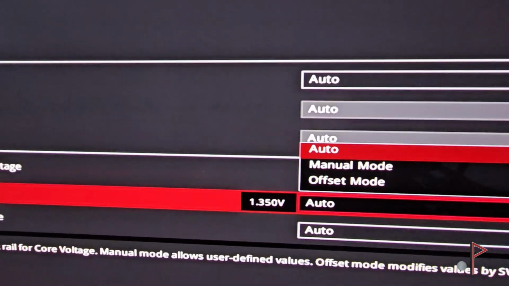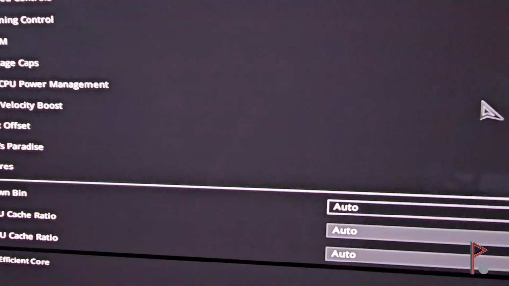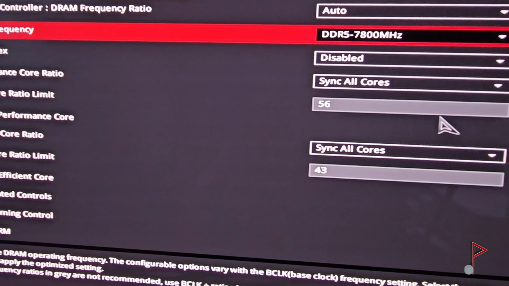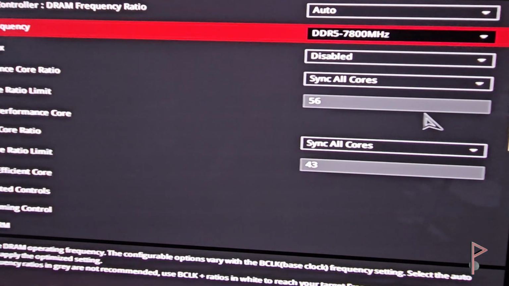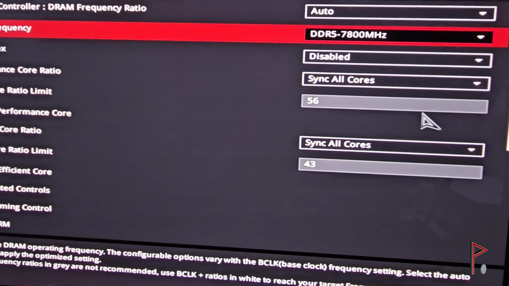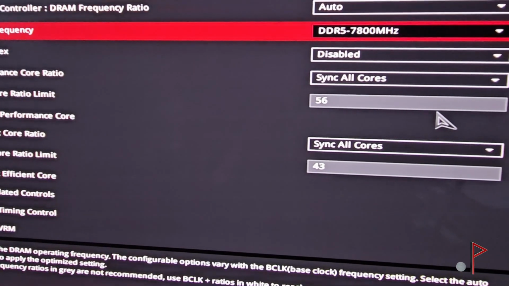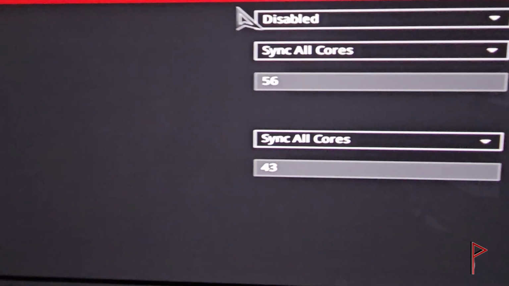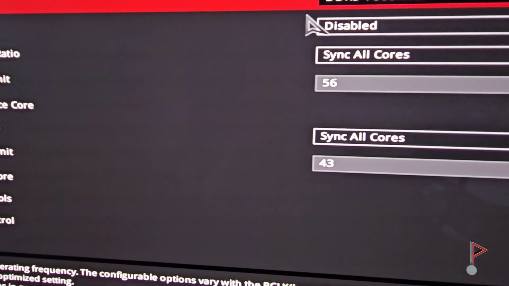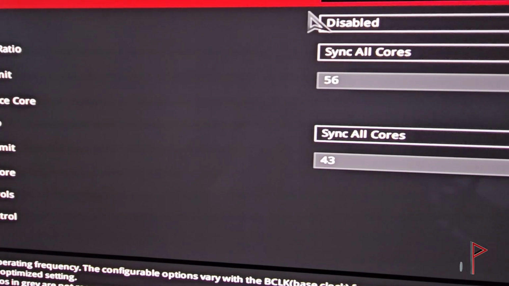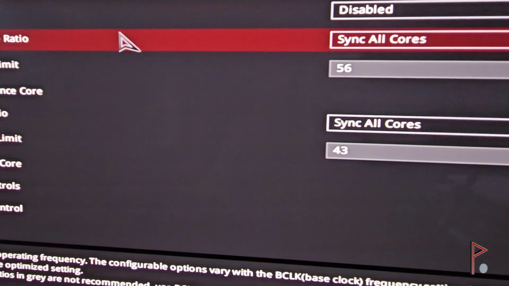I'll set an offset, and then I'll choose a load line calibration level. And that is going to enable me to have a really small delta between my Vcore when it's at idle and the Vcore when it throttles down under load. But right now, I just locked my P and E cores for the health of my system, to avoid that single core boost bullshit that causes degradation.